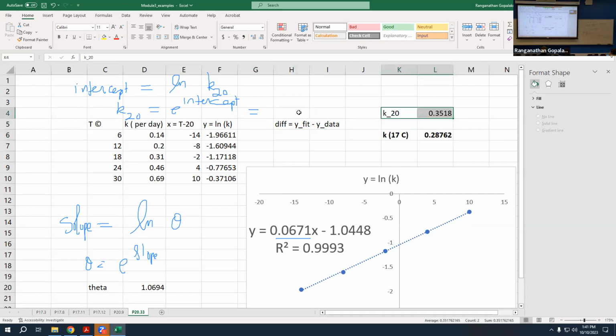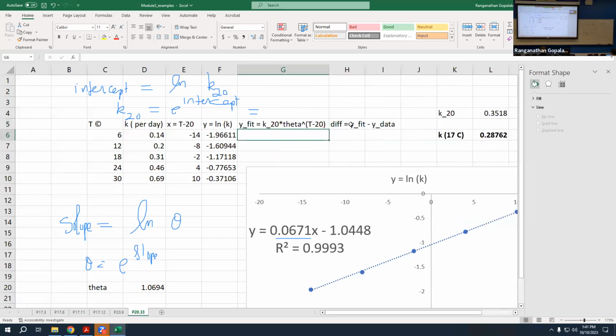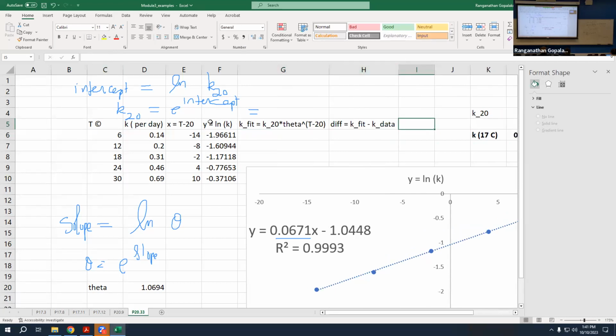So how will you compute the fit value? Y fit is equal to K20 times theta raised to the power T minus 20. In this case, this is K fit minus K data. So how do you write this? This is K20.